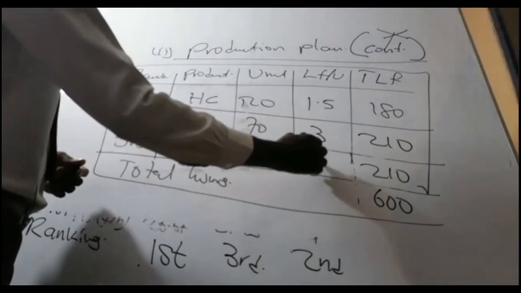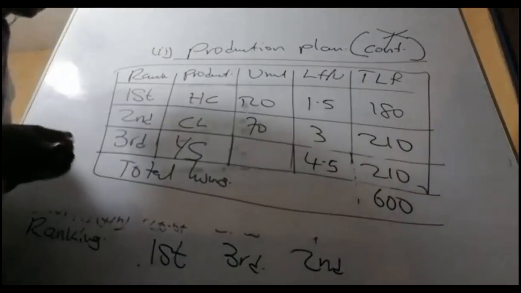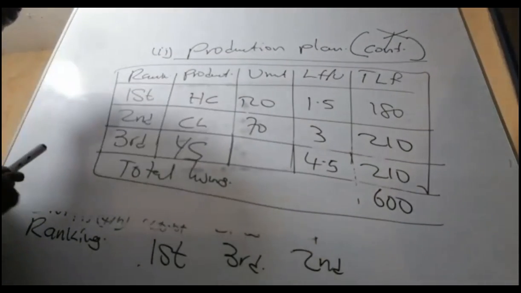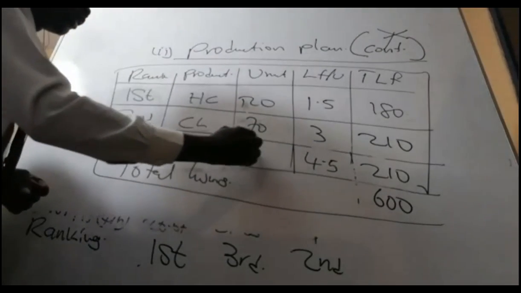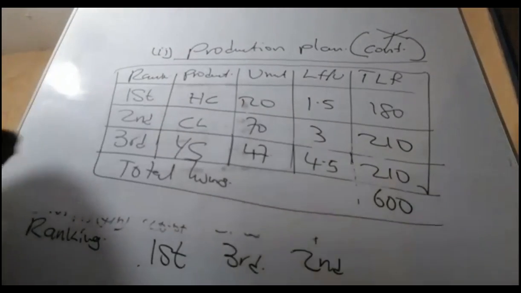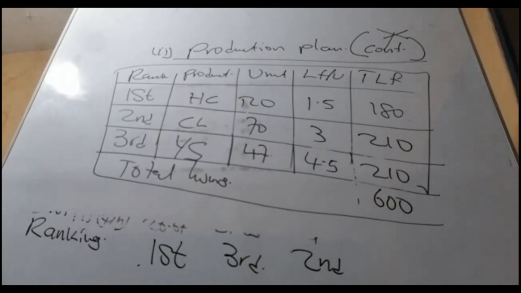That was 4.5. So we divide and get the number of units to the nearest whole number. If you're getting decimals, it's 46.67. Okay, so 47 units. Good. So 47 units. You are done. So that is the solution to that question.